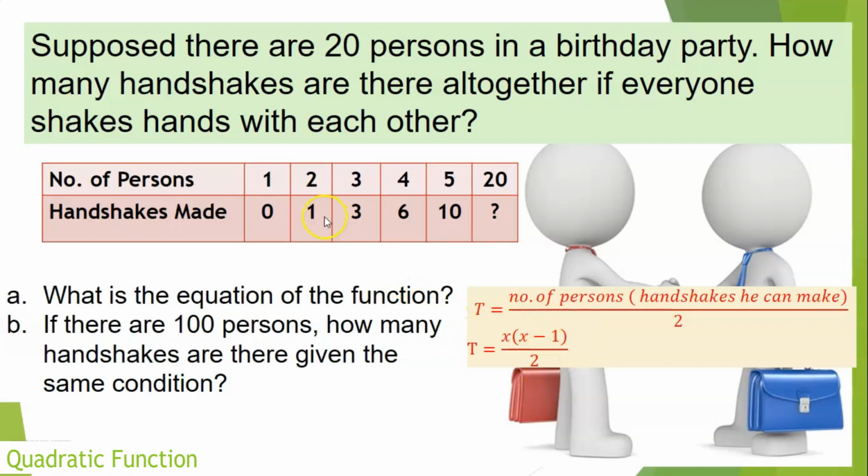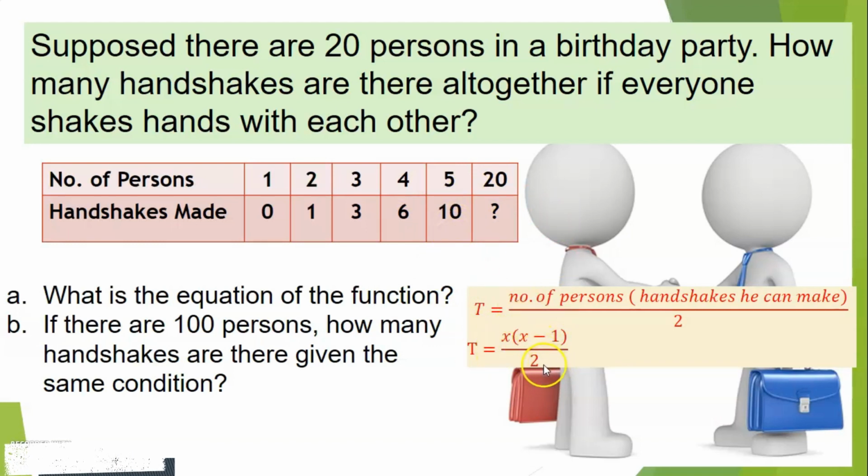So if there are 2 persons, 2 times 2 minus 1, that would be 1. So 2 times 1 divided by 2, you will get 1. If there are 3 persons, that would be 3 times 2, divided by 2, you will get 3. Let's check. 4 times 3 is 12, divided by 2, you will get 6. 5 times 4 is 20, divided by 2, we'll get 10.